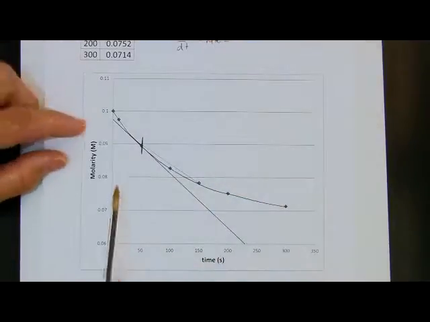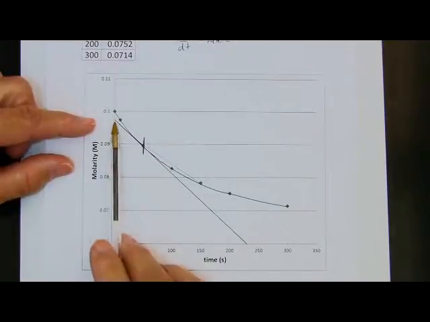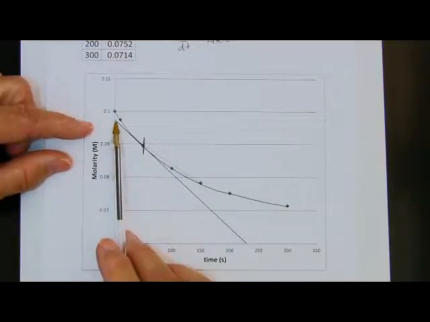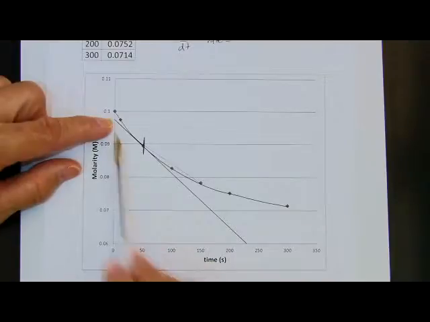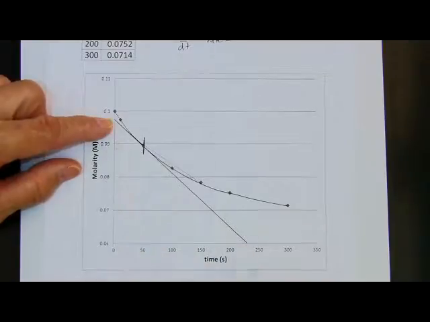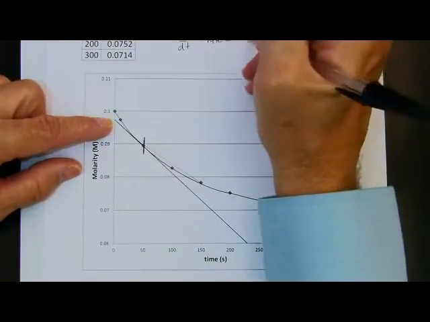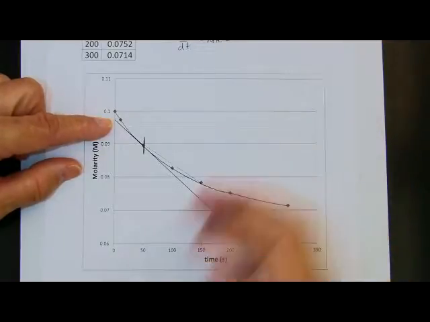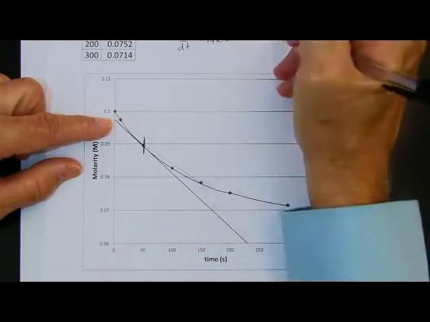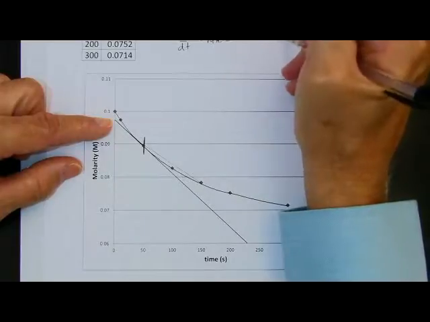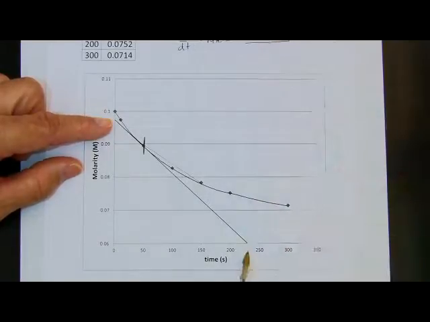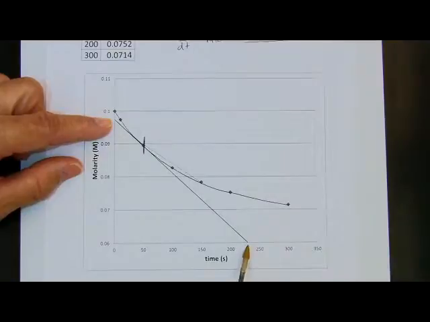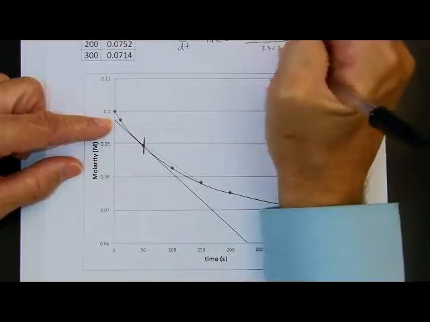So that would be, all right, what value is that? That's like 0.098, and that's 0.06, so that would be the 0.098 minus 0.06, and that goes from, what, maybe 0 to 230, all right?